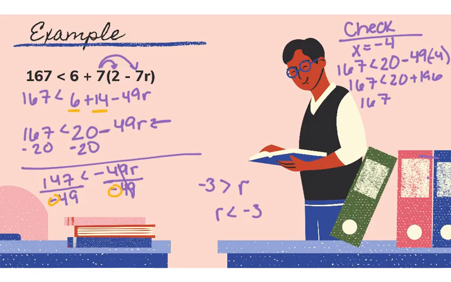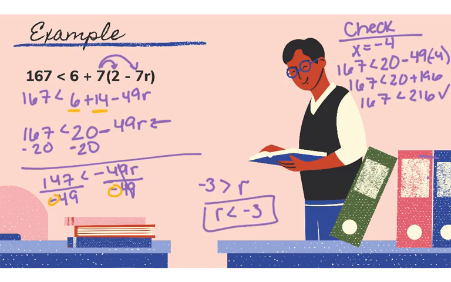I don't know why I put negative. Anyway, we get 167 is less than 216. That is true. 167 is less than 216. So that is our solution.